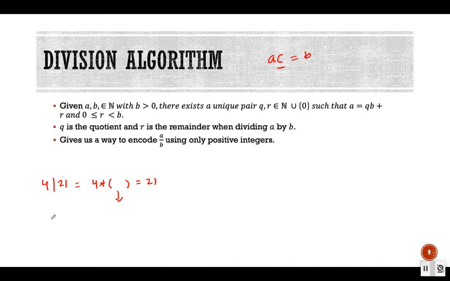We can think about it like in high school mathematics: 4 times 5 equals 20, so 21 is 4 times 5 plus 1. So 5 is the quotient, and there is a remainder of 1.